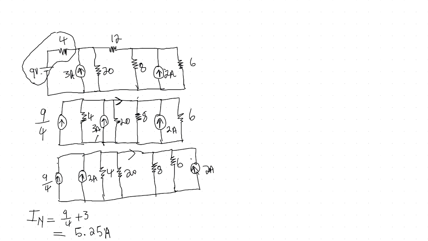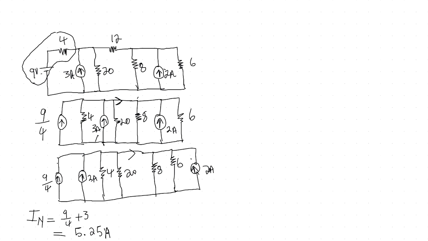Then, look at this. They are parallel, eh? These two resistors. Yeah. And I'm applying circuit reduction. So I have to replace them with one resistor.